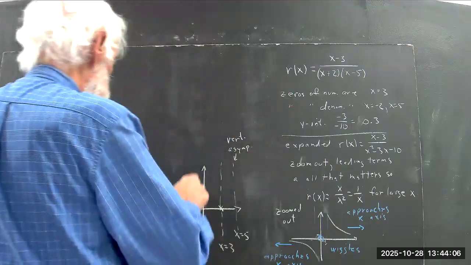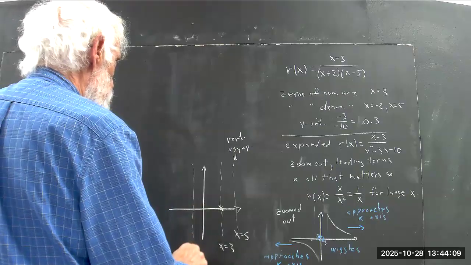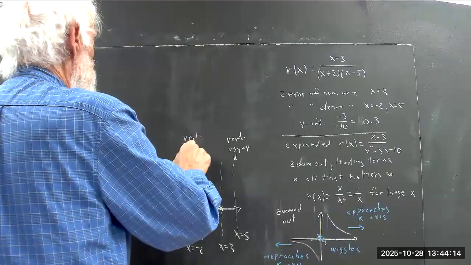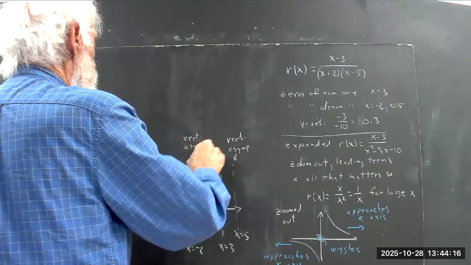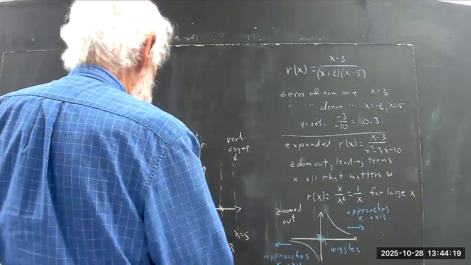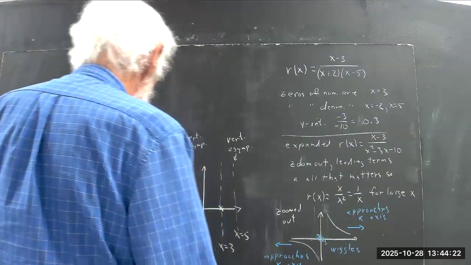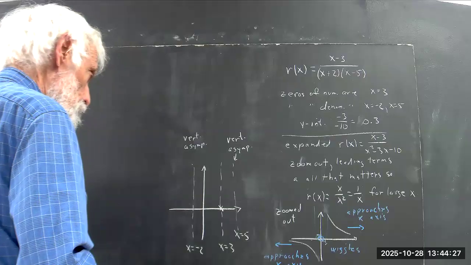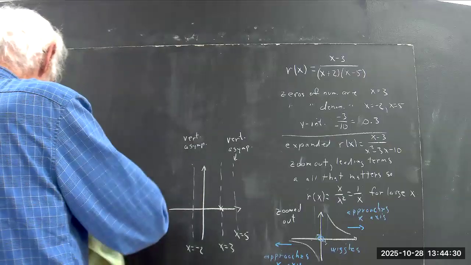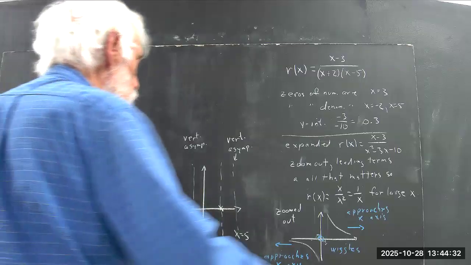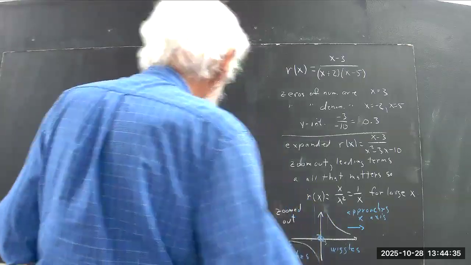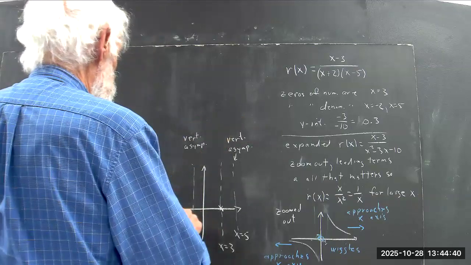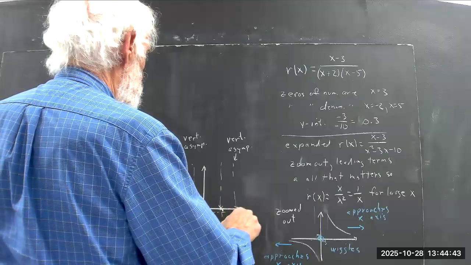At x equals -2, we have another vertical asymptote. So if I want to draw the graph, oh yeah, we have the y-intercept, which is at -0.3.